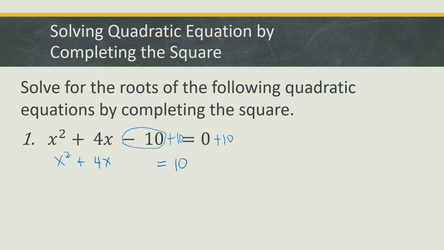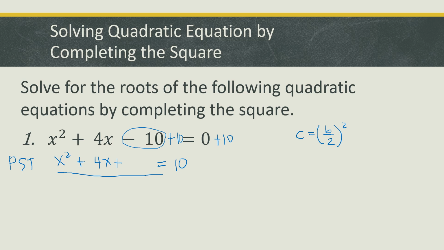The reason why we need to eliminate the constant term of the first equation is for us to be prepared to have our perfect square trinomial. Take note, perfect square trinomial, so therefore we need to add another term, which is the c value. For us to add the c value, we will now use the formula b divided by 2, squared.